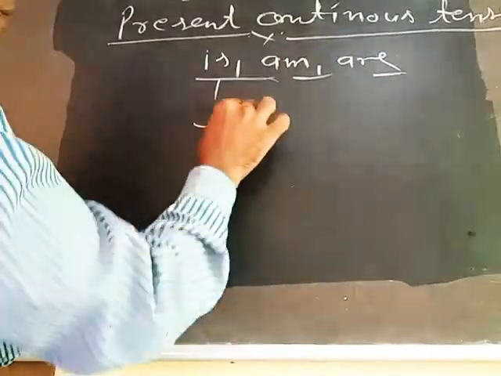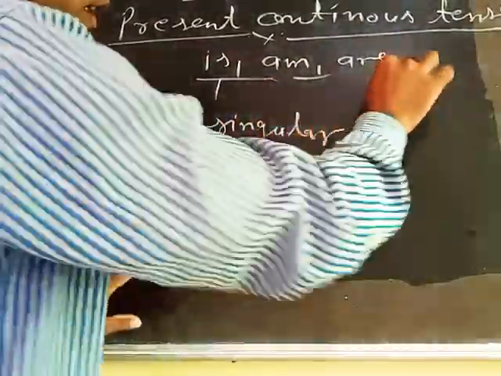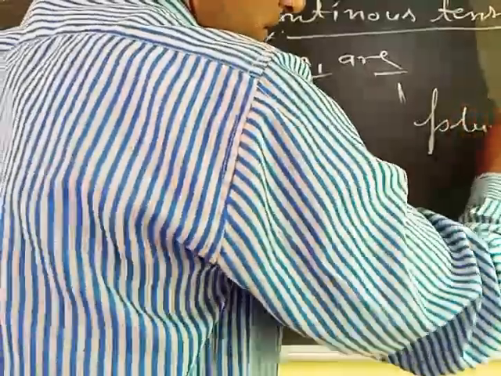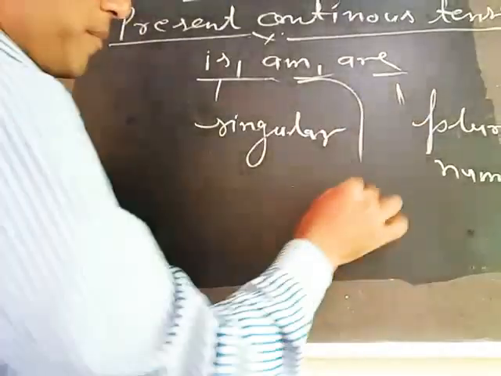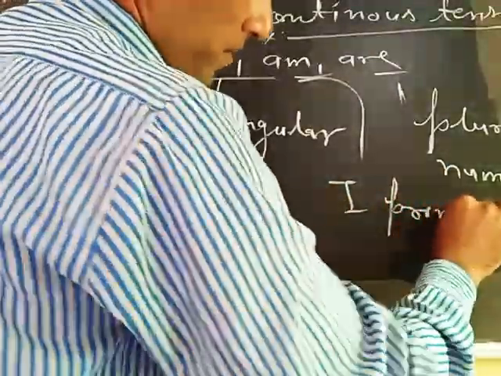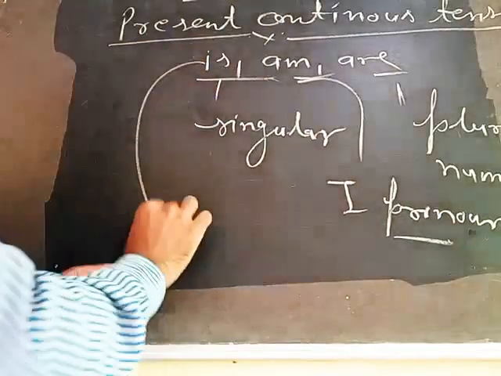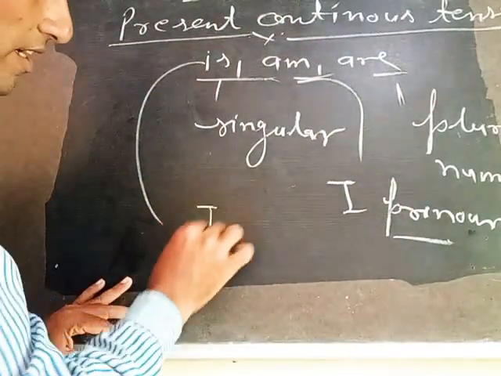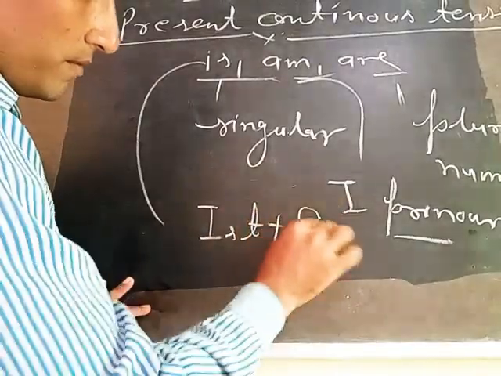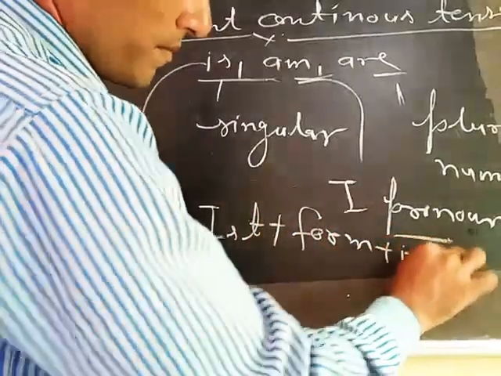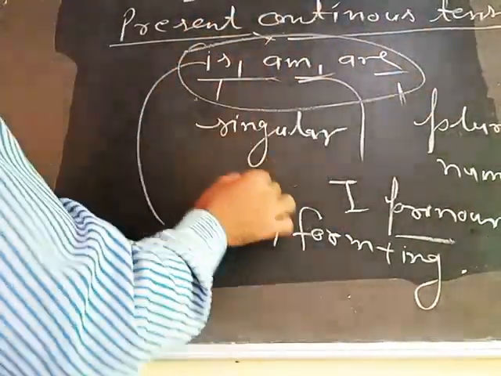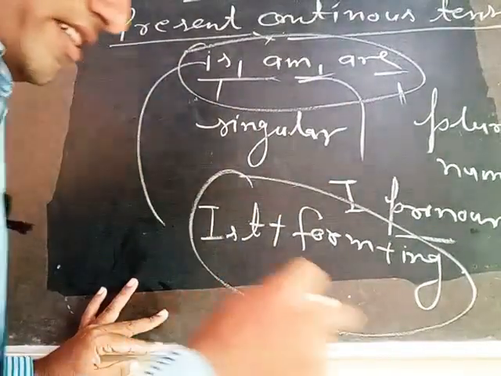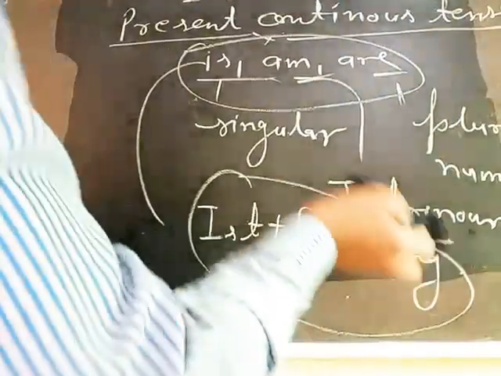Is with singular number, are with plural number, and am with the pronoun I. The main verb of this tense is the first form plus ing. So these are the two main things of this tense: helping verb is, am, are, and main verb first form plus ing. Today we are going to study where to use present continuous tense.